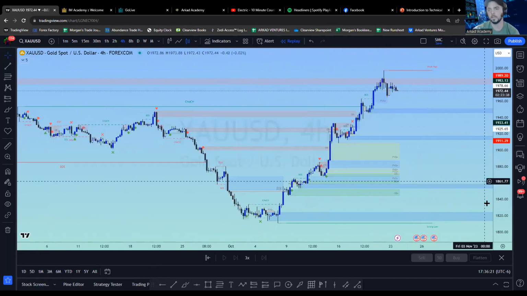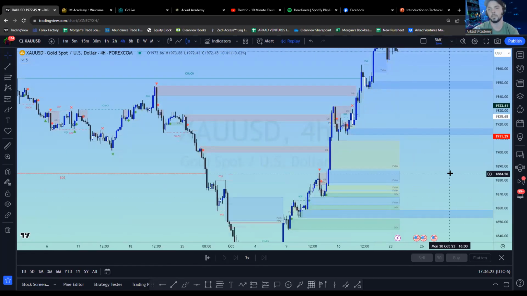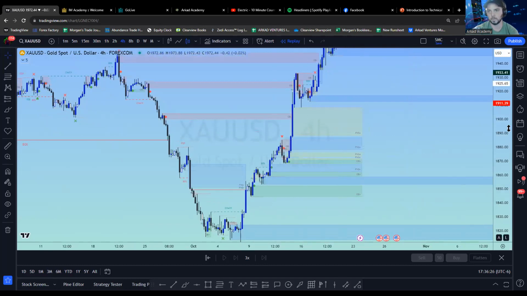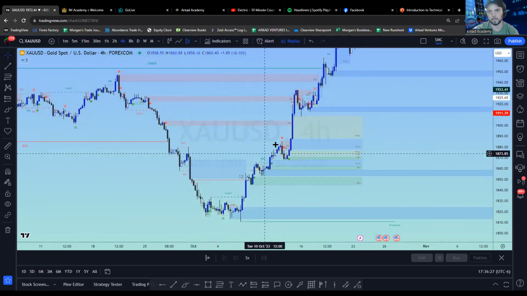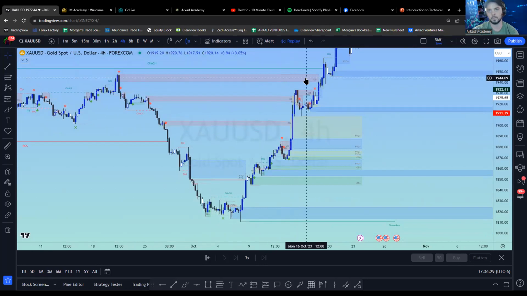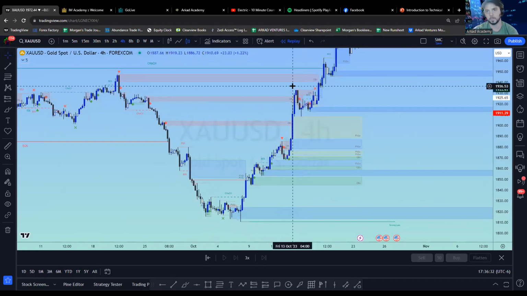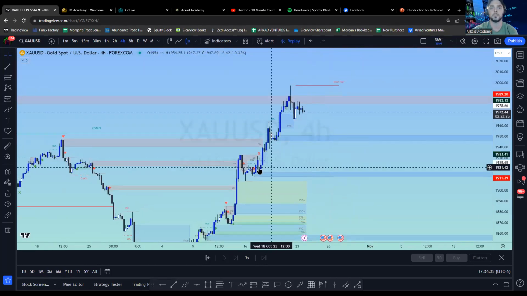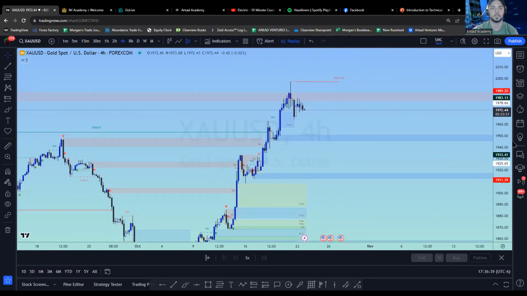And you can see here, we got different order blocks. They come up, move price, take everyone's money, move price some more, take everyone's money, move price some more. There's always a pullback after a break of structure.